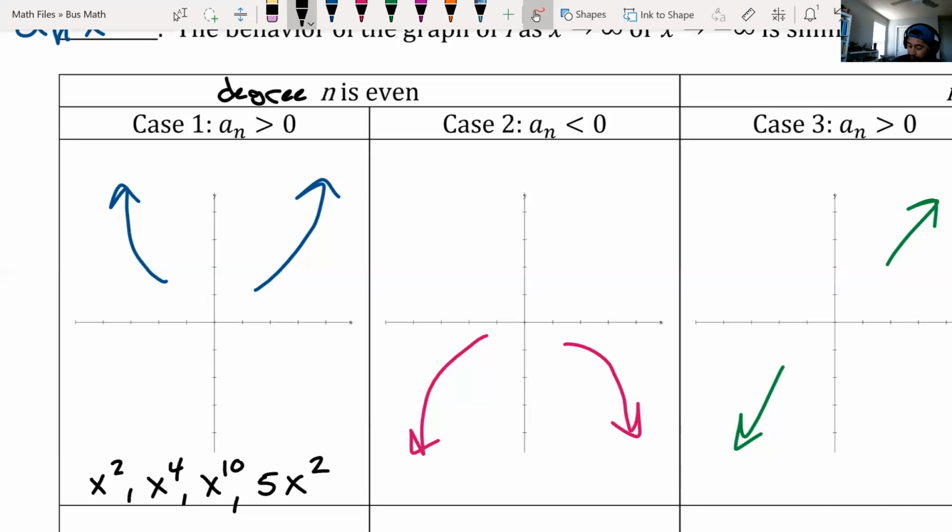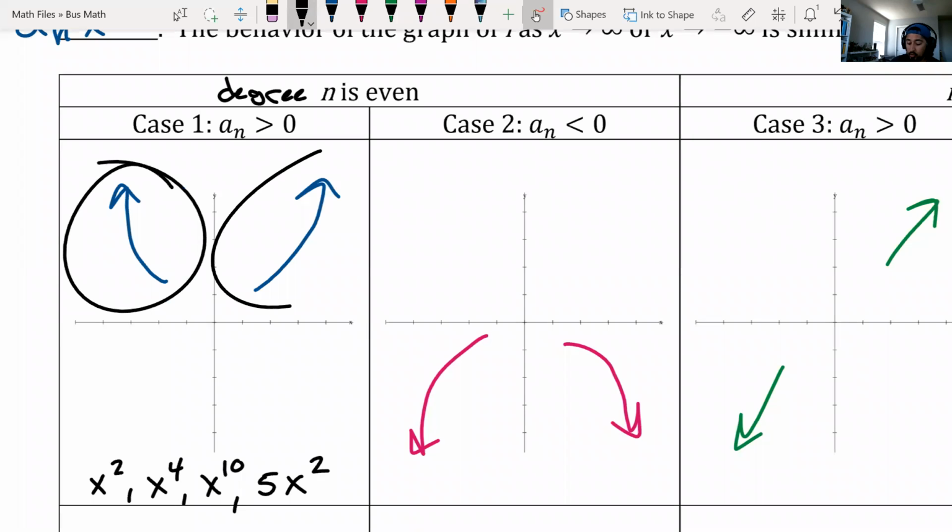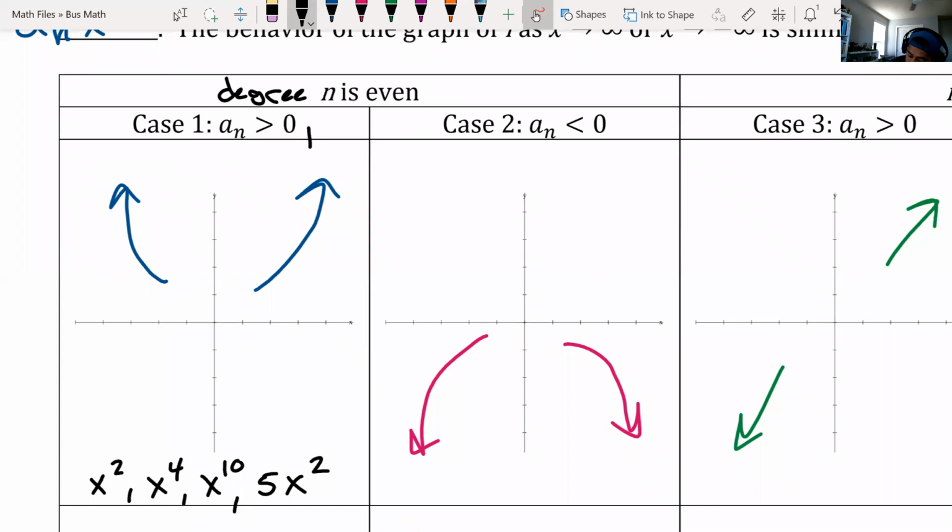No matter what we're given, as long as it's a positive function with an even degree, the tails will always open up. Okay, that's for case one, if the leading coefficient is positive.